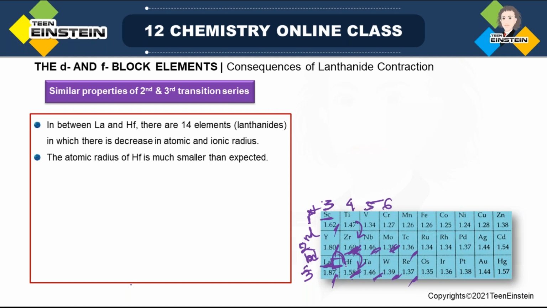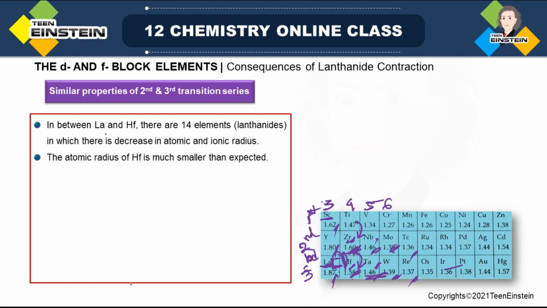As a result, from Zr to Hf, from Nb to Ta, there is no expected increase. And the reason is lanthanide contraction. Because of lanthanide contraction, there is a decrease in size from the expected value, and that effect will continue even after the lanthanide series is complete.